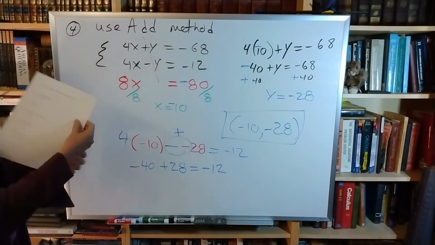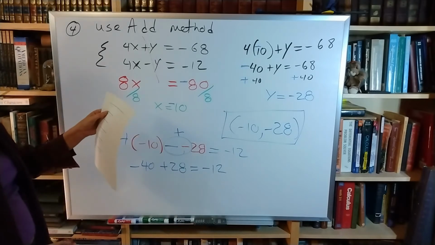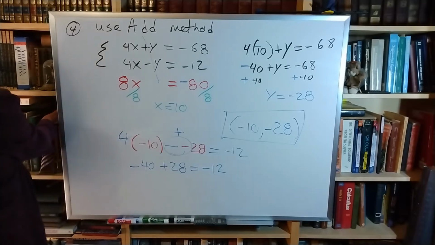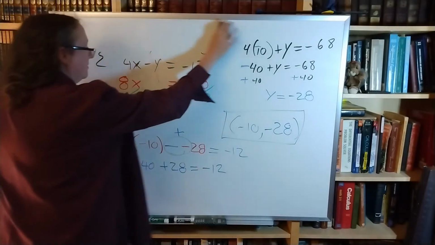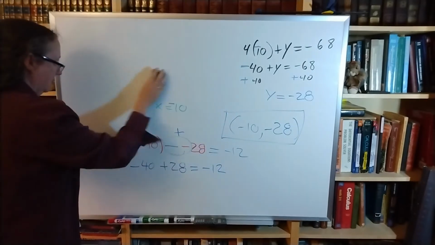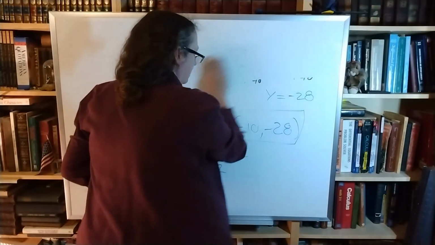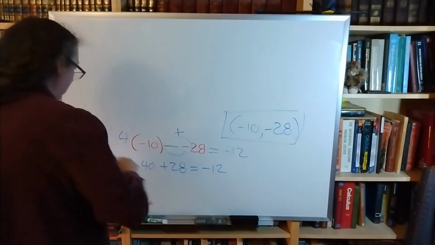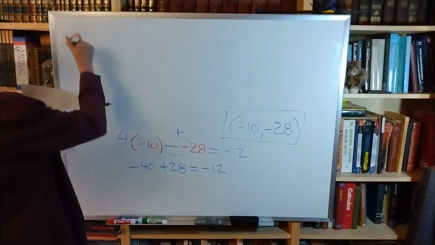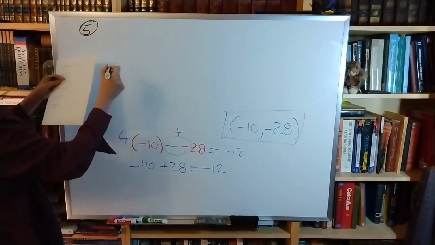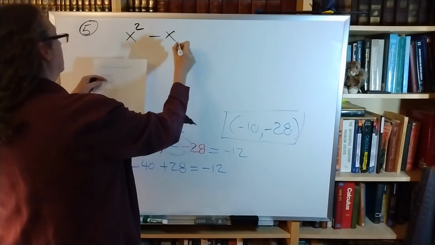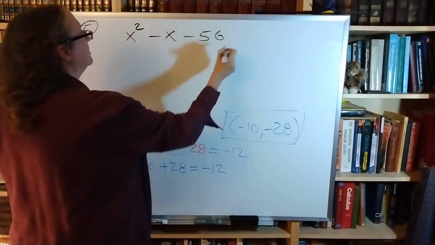Going to question number 5. Factor the trinomial completely. If the polynomial cannot be factored, write prime. So the polynomial that we are being given for number 5 is x squared minus x minus 56.